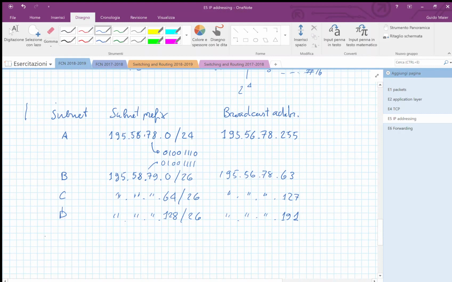Then we have the point-to-point subnets. The first point-to-point starts when the previous block is finished, so at 192, and it is a slash 30, which means a block of 4 addresses. We can immediately write the broadcast address, 192 plus 3.